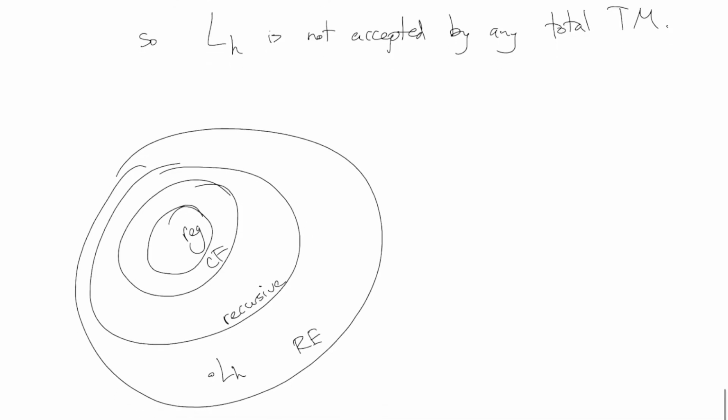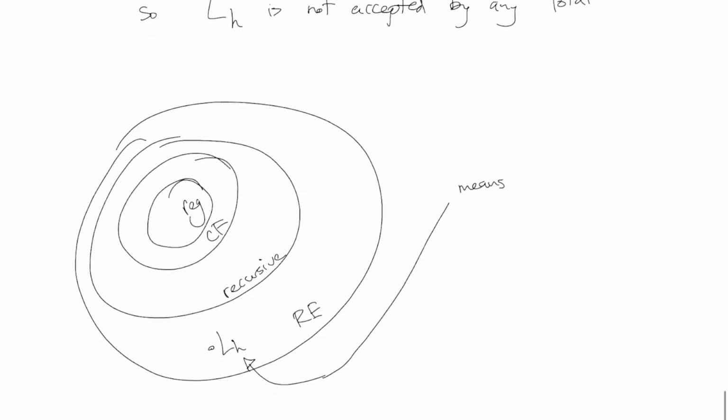This language of the halting problem. All right. This will immediately tell us, I said before, any way you can think of to improve the capabilities of a Turing machine results in the same machine again. But what we've actually shown is the fact that this is out here.